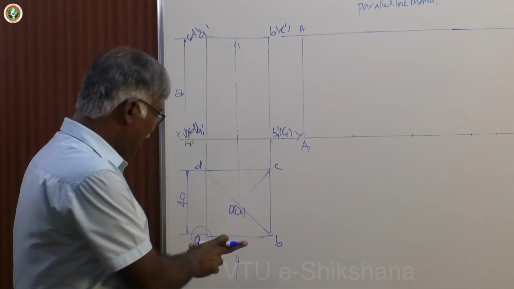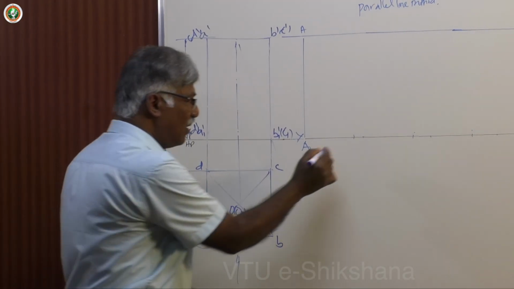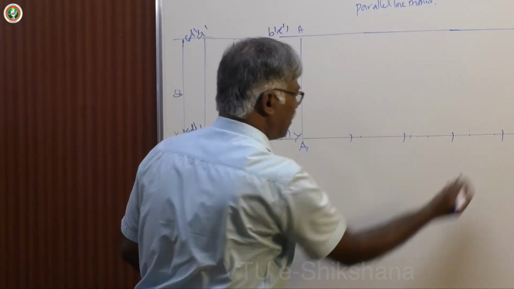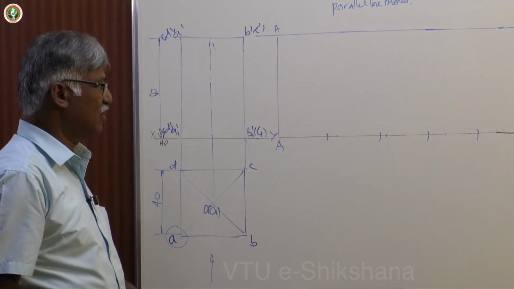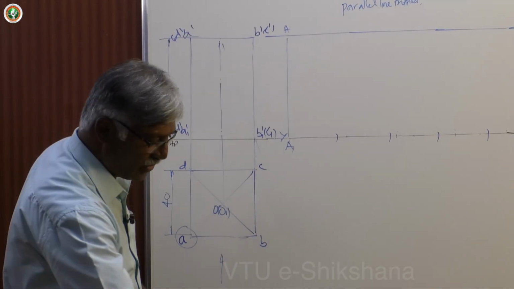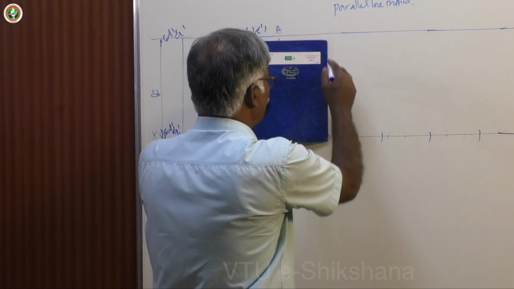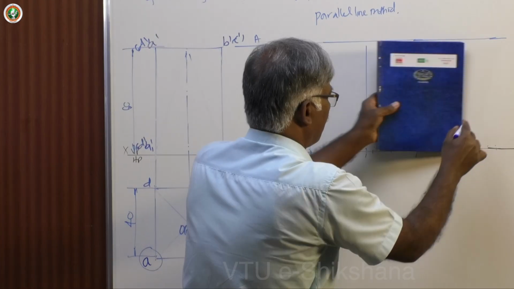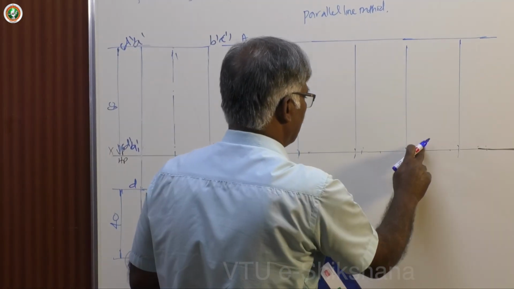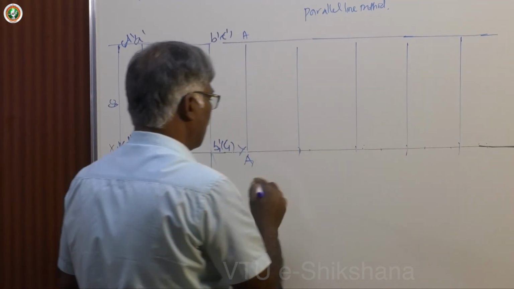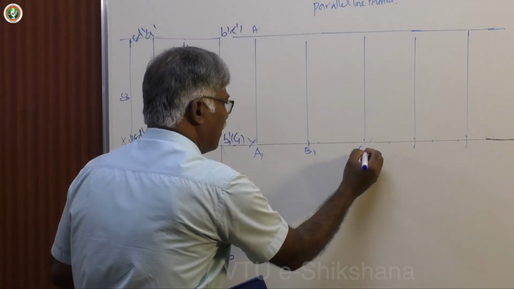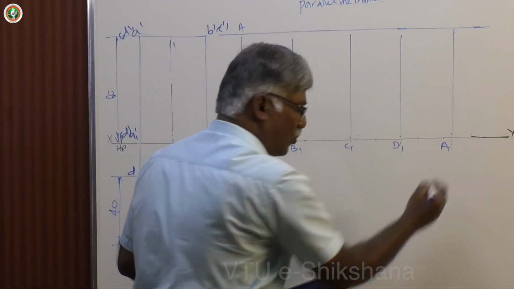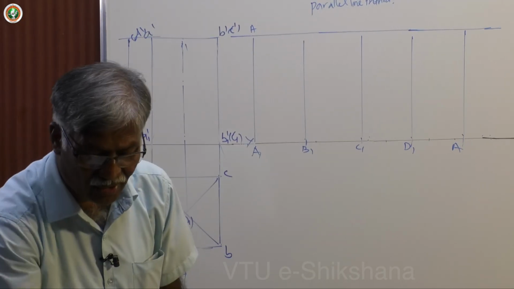Next, take the base distance and draw arcs. Four arcs you draw, at equal distances. Then draw vertical lines. All are thin lines. Now name B1, C1, D1. Again A1 will come. Once you close it, now I have a simple model of development.